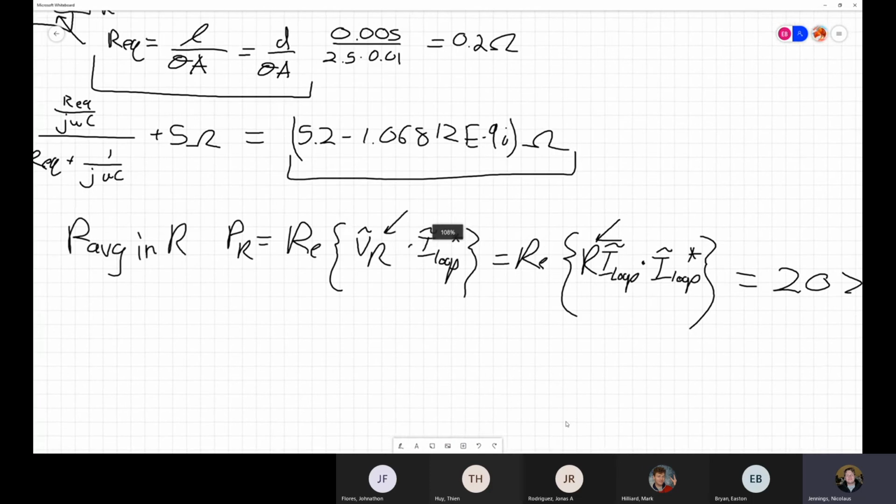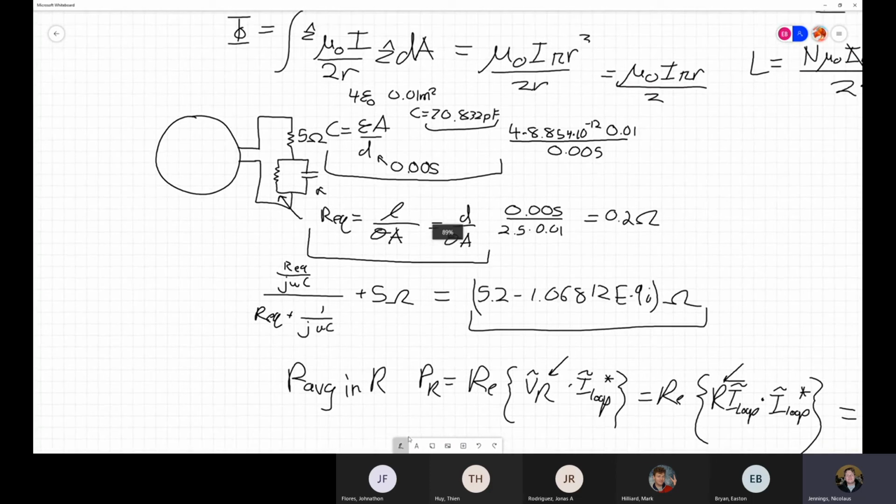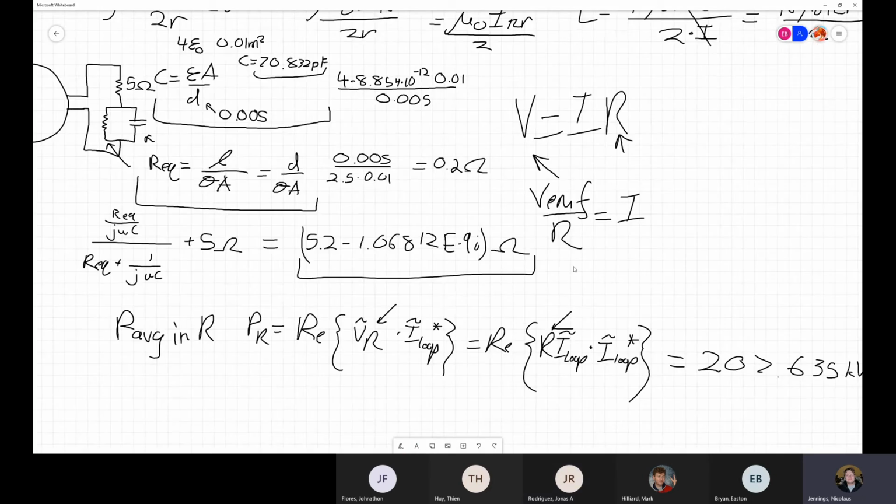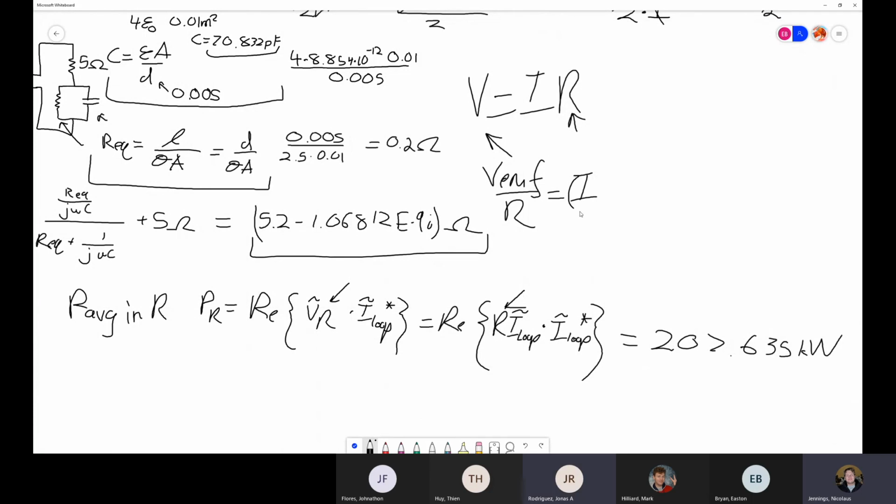Once you solve for the total impedance, you can then do V equals IR, right? And you have V, this is your VMEF. So you have VEMF over R equals I. All I did was find the I and plug it in here and here. And the R that we're using is just the 5 ohms. Okay. Thank you.